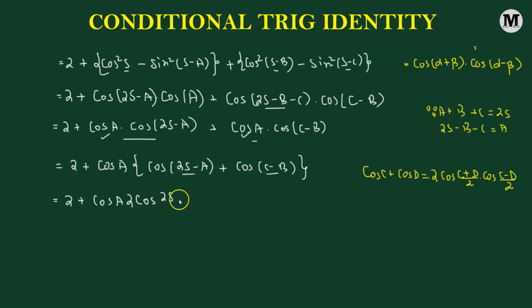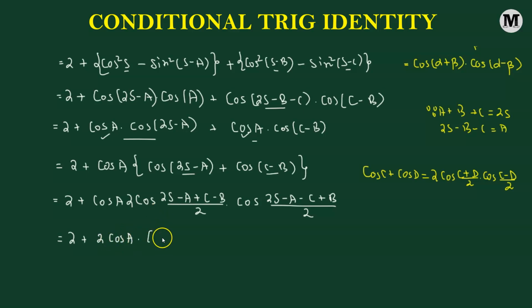We get (2s minus a plus c minus b) divided by 2 multiplied by cosine of, we'll have to take the difference, so we have (2s minus a minus c plus b) divided by 2. Okay, so this is going to be equal to 2 added to 2 times cosine of angle a.